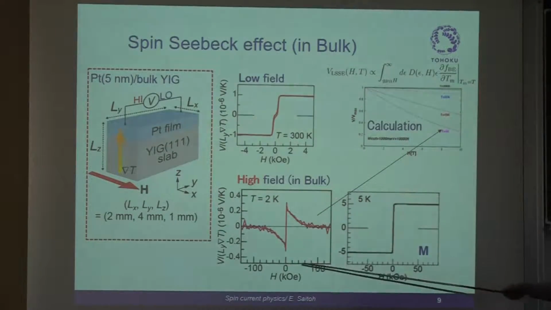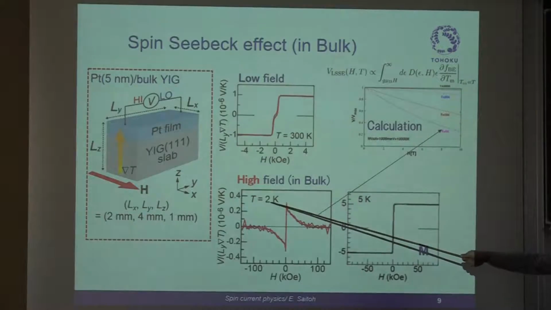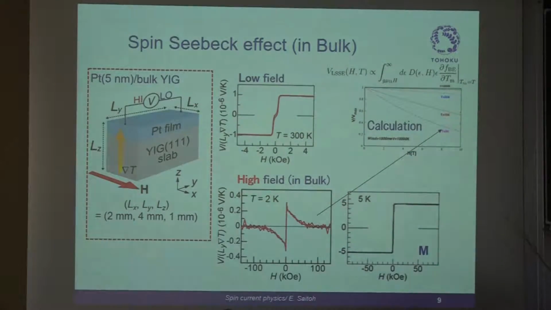So we apply 14 Tesla at 2 Kelvin in the bulk YIG sample, and we found the spin Seebeck effect is completely suppressed like this. This shows that the spin Seebeck effect is a thermally induced spin pumping, because a very strong field at low temperature suppresses the magnetization fluctuation, because the field opens a gap in the spin wave sector. So this shows that the spin Seebeck effect is a thermally induced spin pumping.